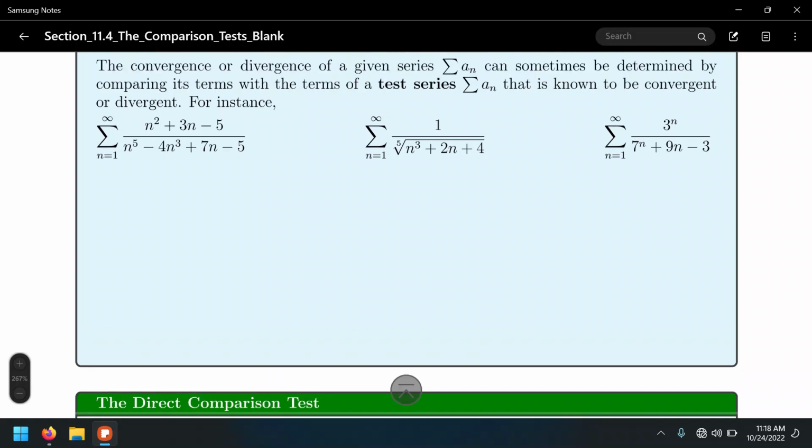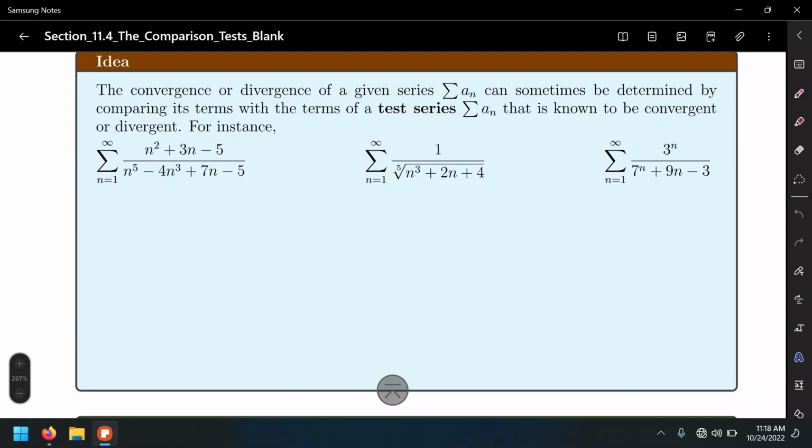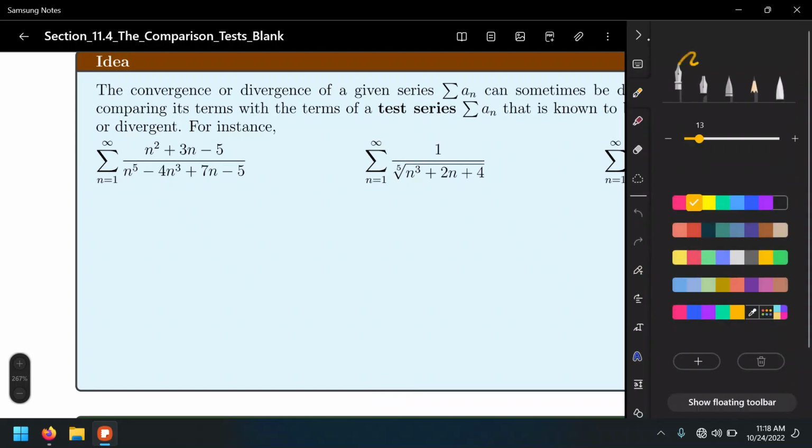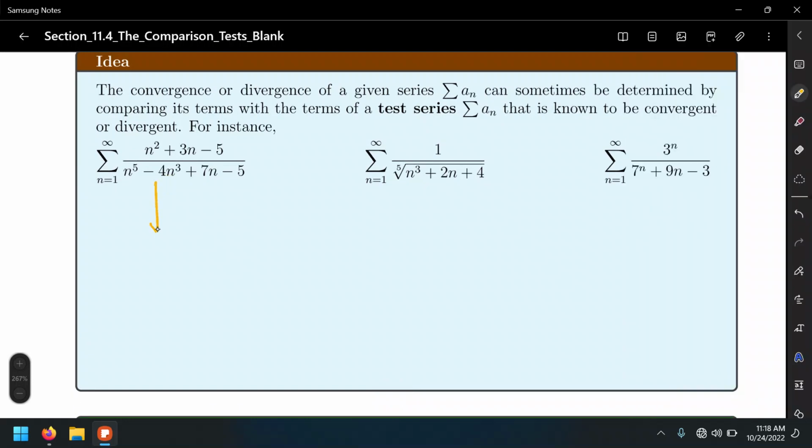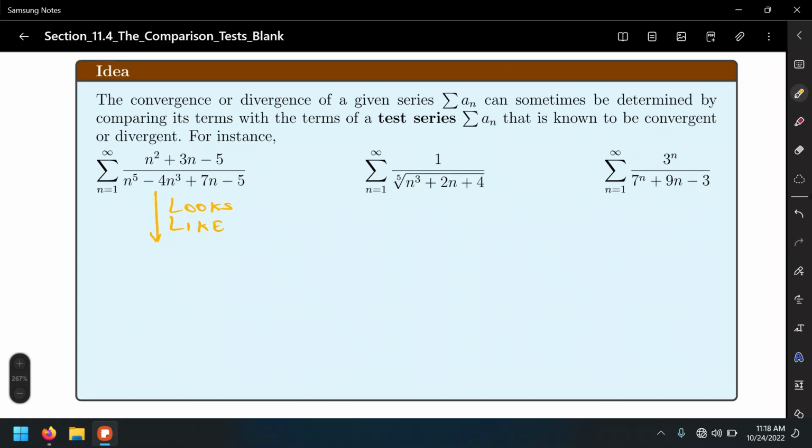So what do we mean by that? Well, out of this madness that we have here, what does this series look like and how do we do that? Notice that for polynomial functions and rational functions, which is really polynomial over polynomial, the end behavior is pretty much given by the leading terms.